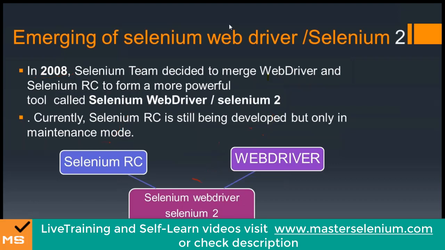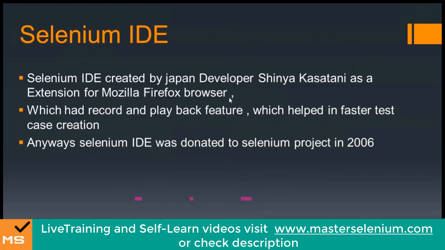It's a combination of Selenium RC and WebDriver. This is how it has been developed. From the JavaScript runner to Selenium Core to Selenium RC, now Selenium WebDriver. We are not using any of the above; we are using only Selenium WebDriver in the market now. Clear? Yes, as discussed, Selenium IDE.